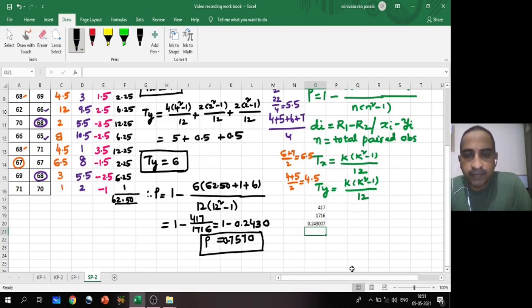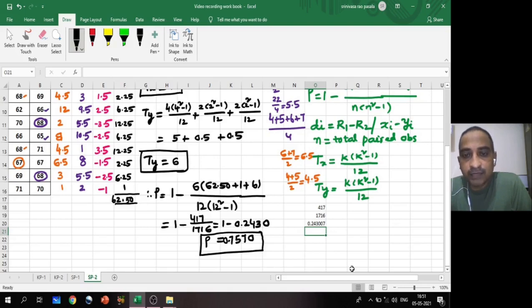Generally, the Spearman's rank correlation coefficient lies between -1 and +1. If the coefficient value is nearer to +1, it means the degree of relationship between the two qualitative variables is highly positively correlated.